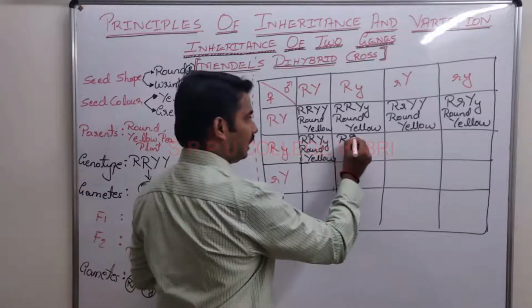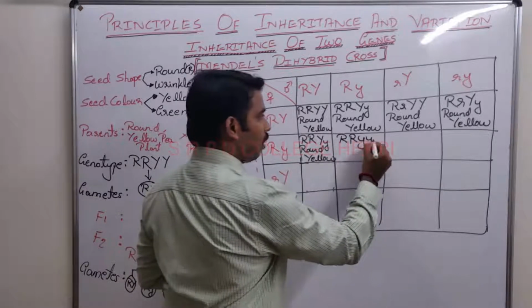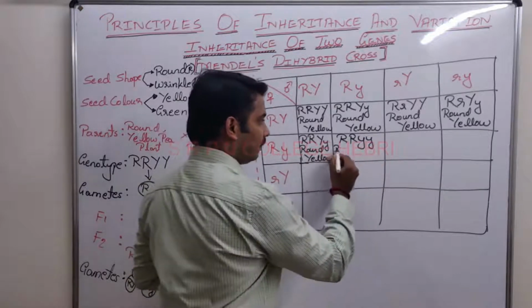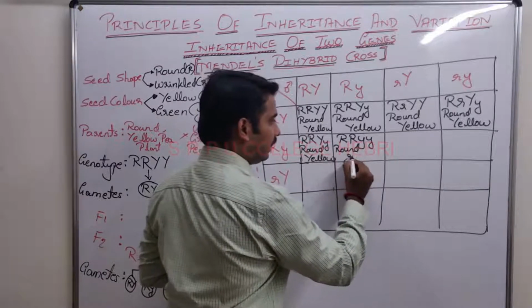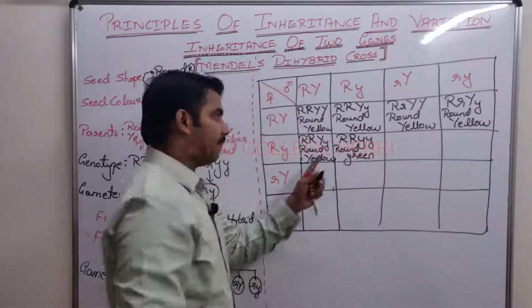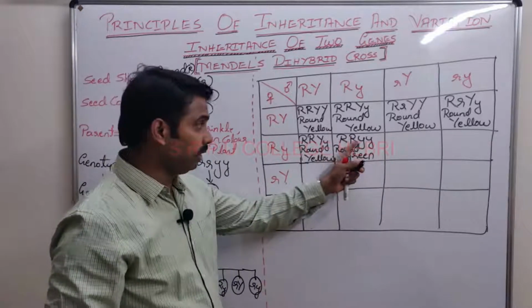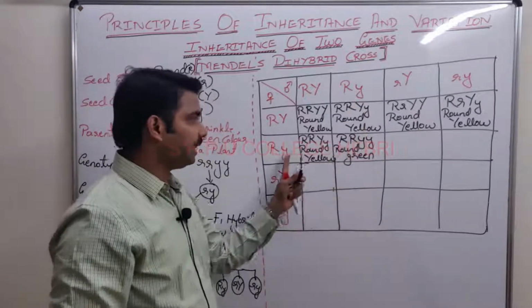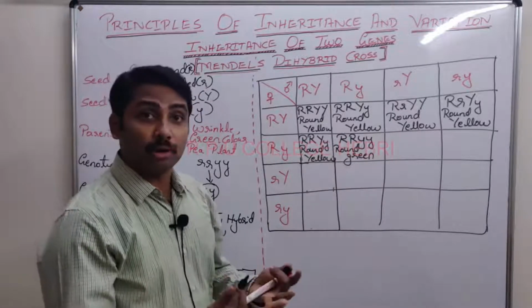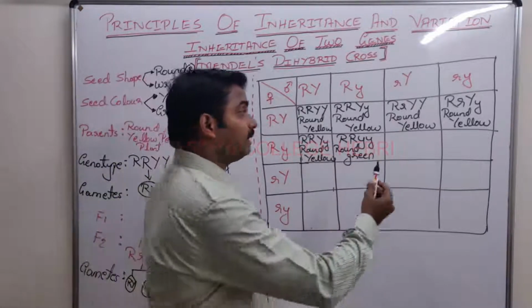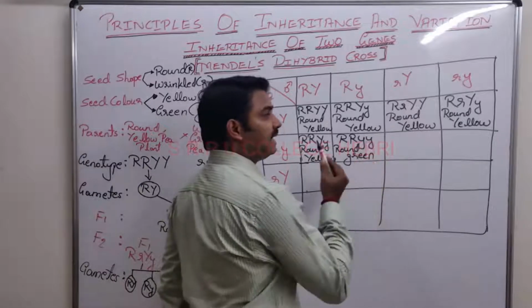Okay. Capital R, small y, it will be what? Round and green. Right now, capital R, round, small y is present. Small y is responsible for green. There is no dominant allele present for the seed color.